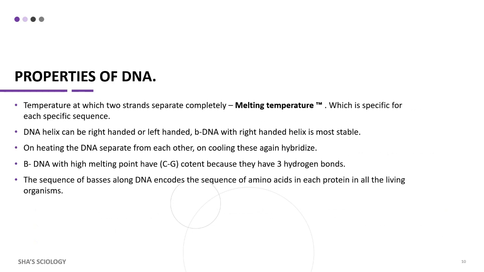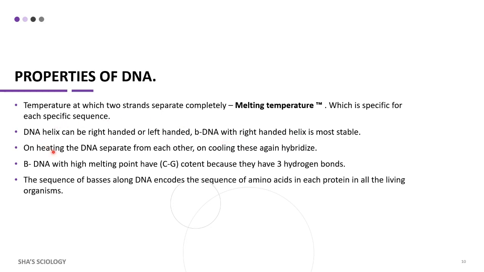Properties of DNA. There is a temperature at which the DNA strands completely separate from each other, and that particular temperature is called the melting temperature, which is specific for each sequence. So the DNA helix can be either left-handed or right-handed. The B DNA with right-handed helix is said to be the most stable.